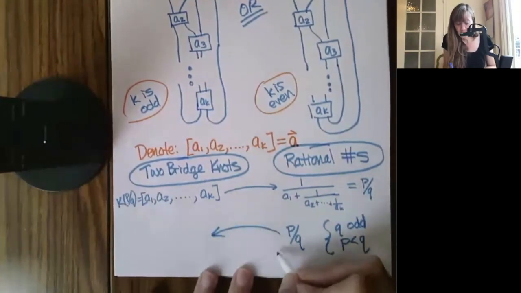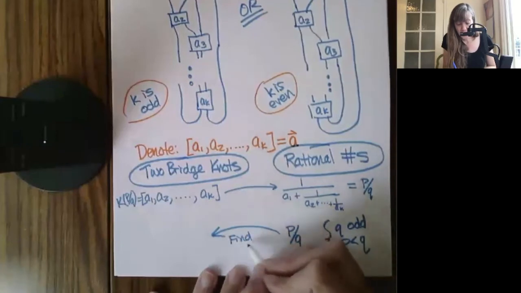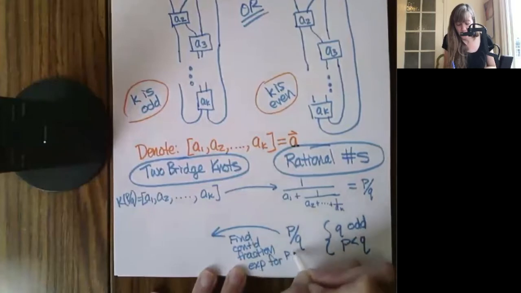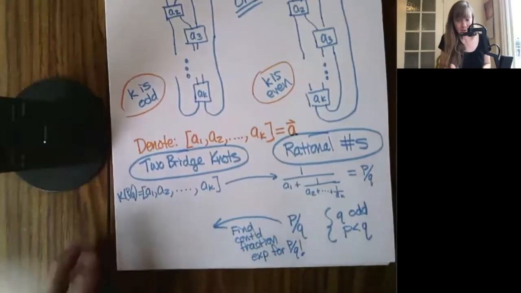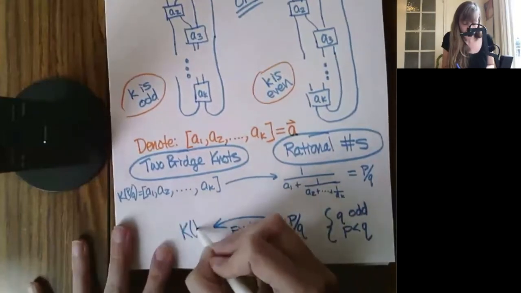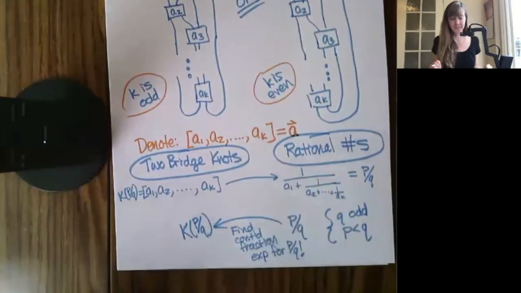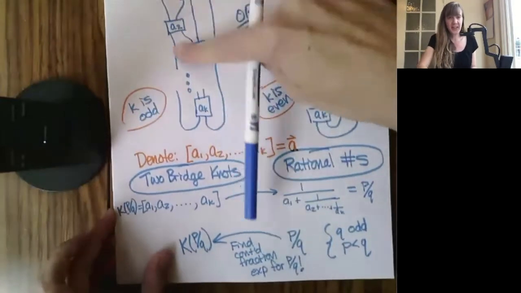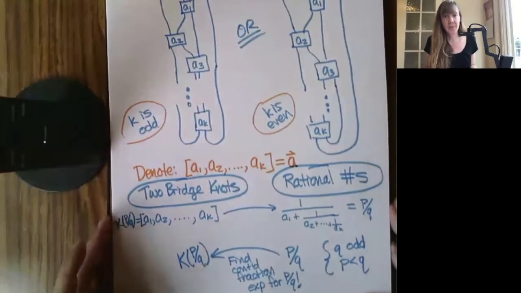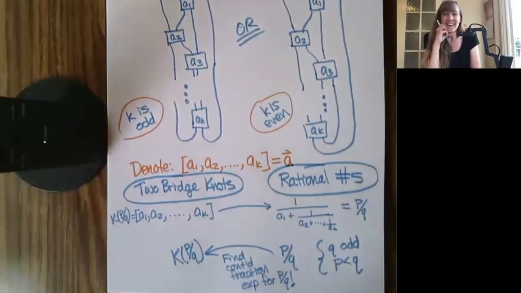So you find a continued fraction expansion, and that will determine a two-bridge knot. And again, like I said, we'll denote it K of P over Q, because that will tell you how to do these twist regions.